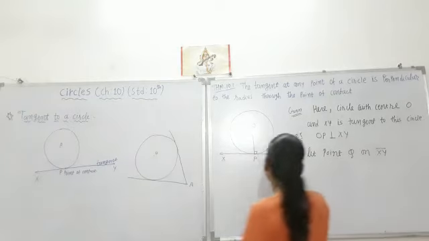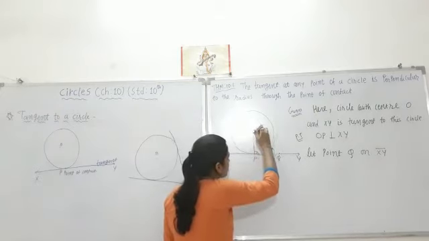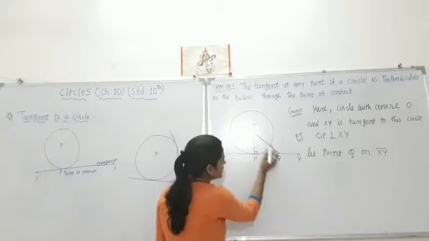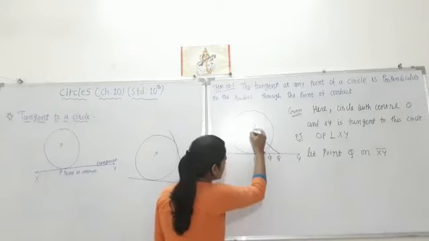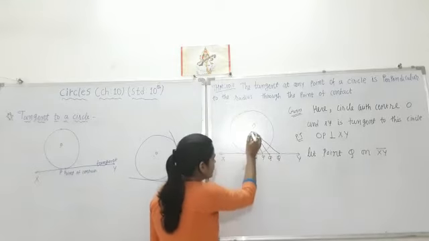Now, if you take a point on this tangent, then consider the distance from this point to the center. Suppose Q is here, then this is the distance. Suppose your Q is here, then this. Same way on the left side.